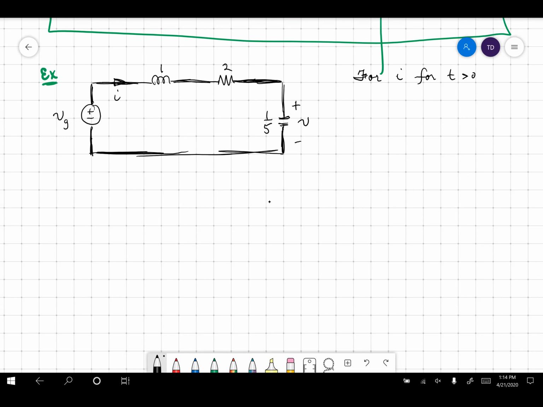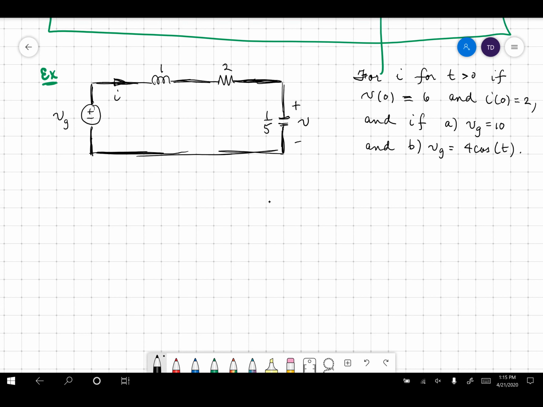Find I for t greater than 0 if V at 0 is equal to 6, I of 0 is equal to 2, and if A, VG is equal to 10, and B, VG is equal to 4 cosine of t.